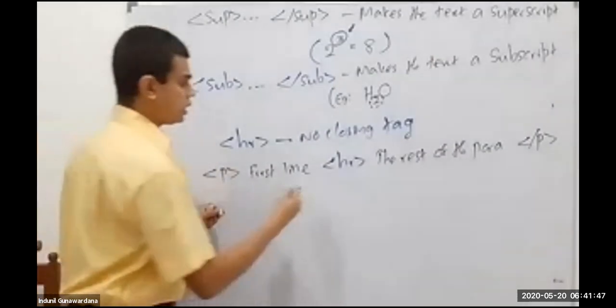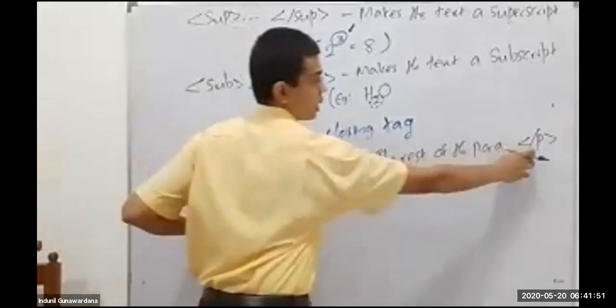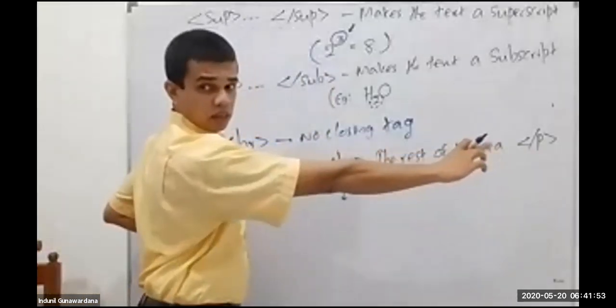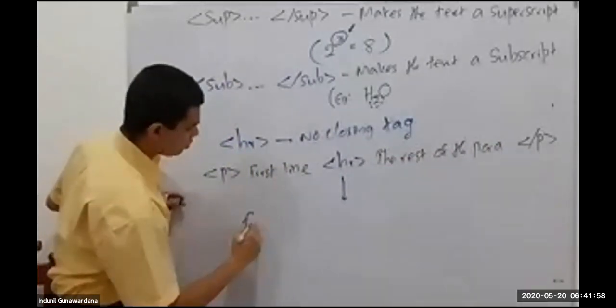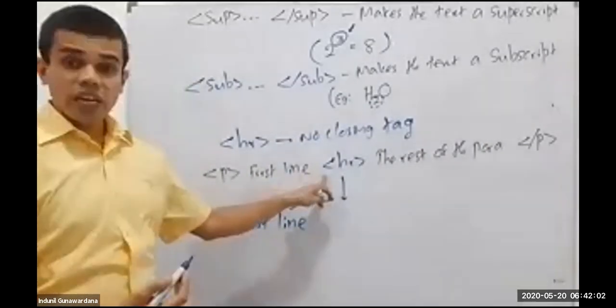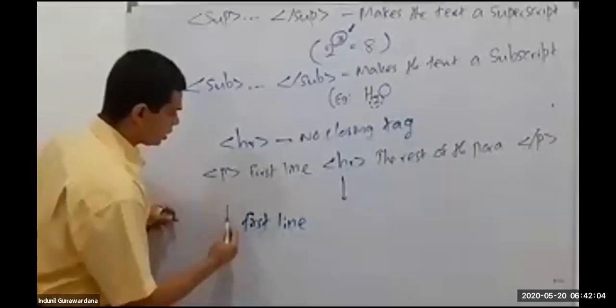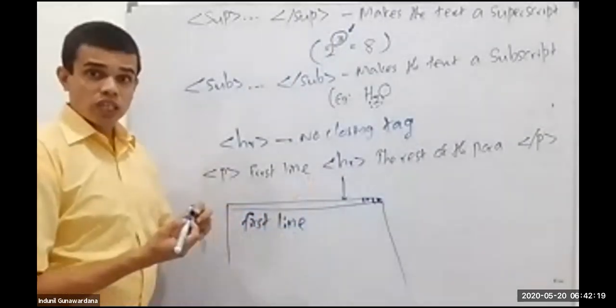When I render this, this is what we see. A paragraph, closed with the closing paragraph tag, so from there to here it is one paragraph. Under the output, we have the first line, then after that we have HR. What is the reaction from HR? It creates a horizontal line.